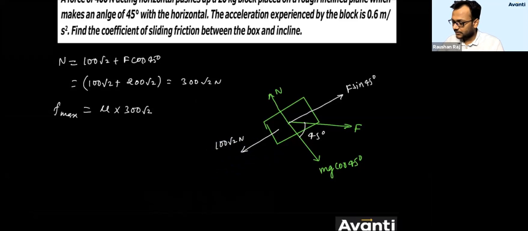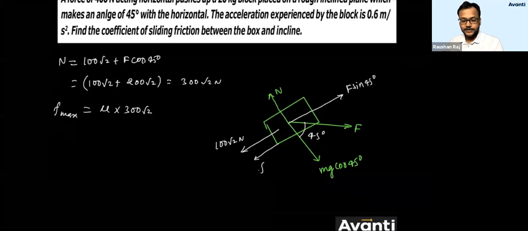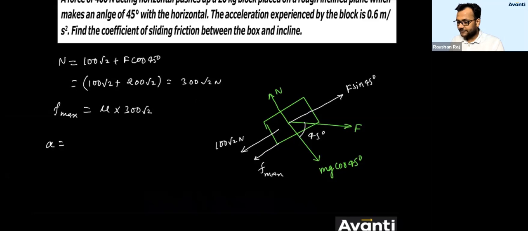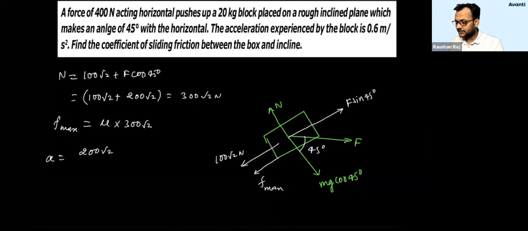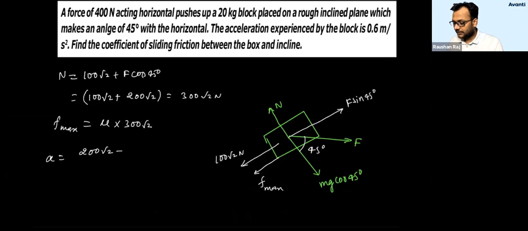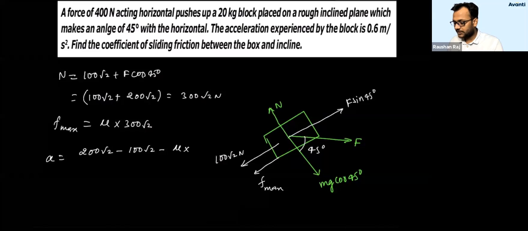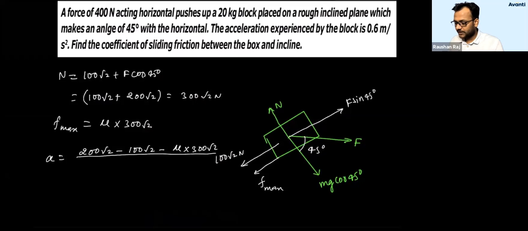Friction will also act downward, and that will be f max. I would say acceleration will be equal to F, which is 400, so it will be 200 root 2 minus 100 root 2 minus mu into 300 root 2, divided by M. M is 20.